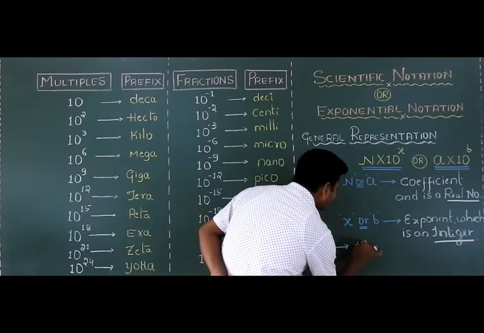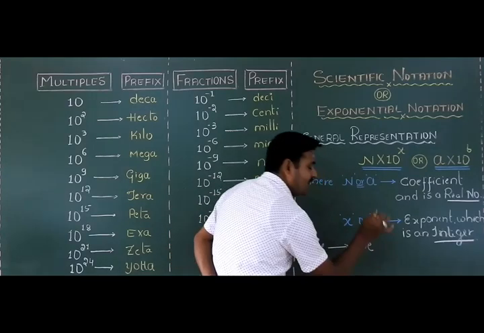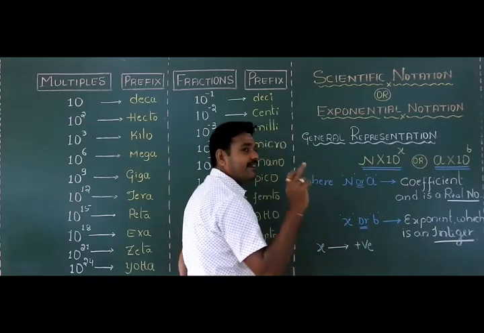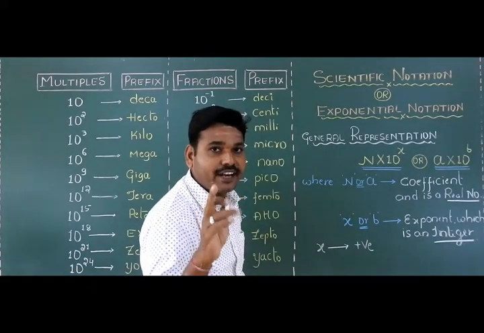Exponent becomes positive only when we shift the decimal point towards the left hand side. Listen to this first point carefully.